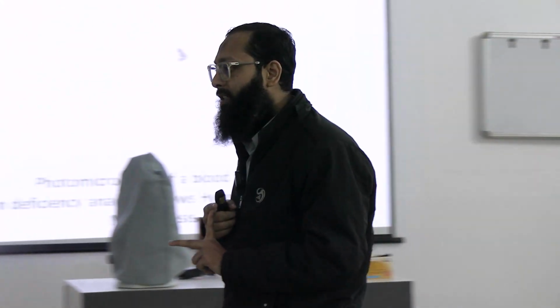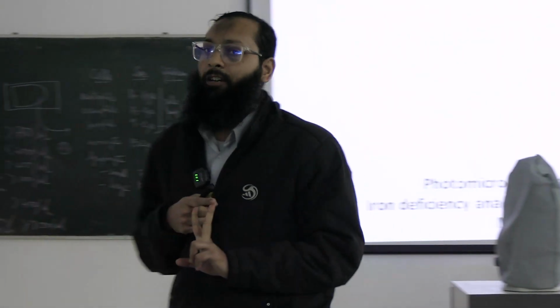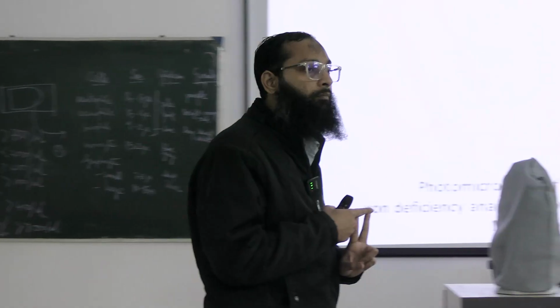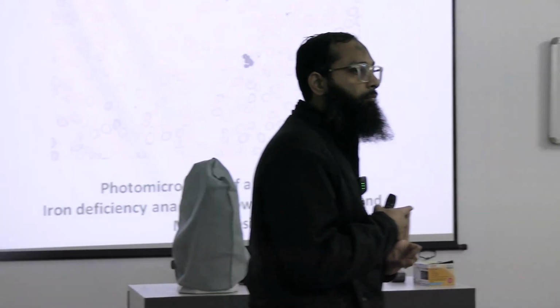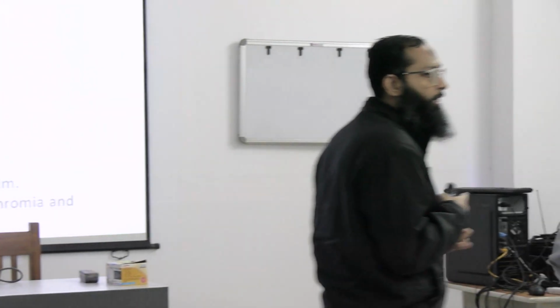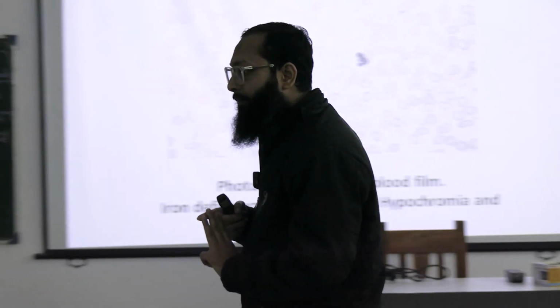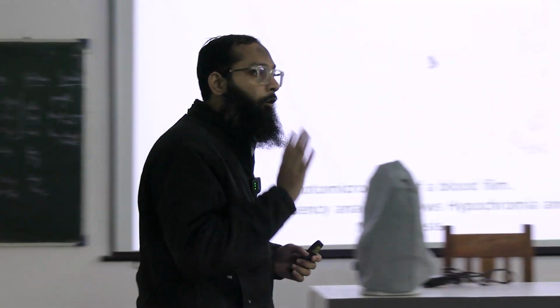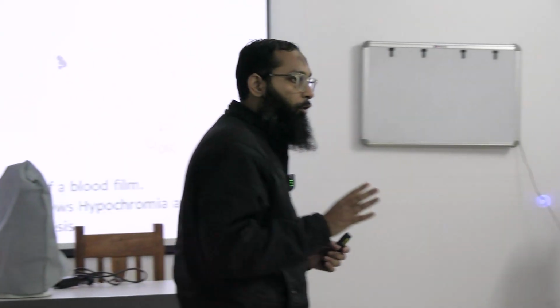One is iron deficiency anemia, another one is beta thalassemia trait. Any other causes? Anemia of chronic disease. The third reason is anemia of chronic disease. The fourth reason is sideroblastic anemia. These are 4 causes of microcytic hypochromic anemia. Okay. Clear?